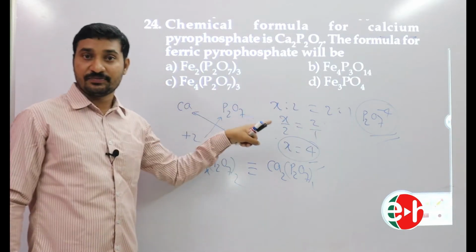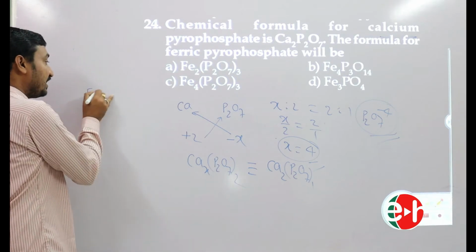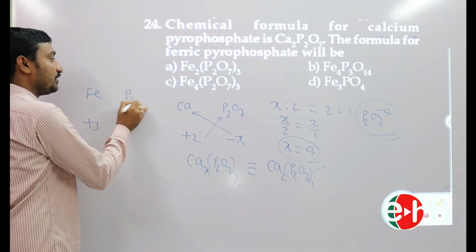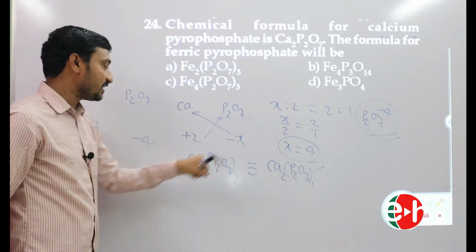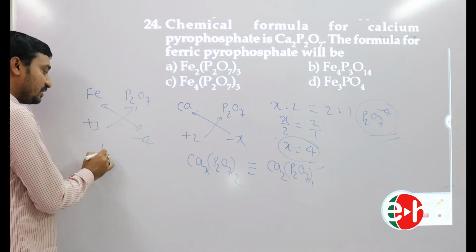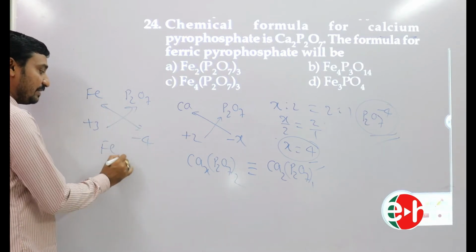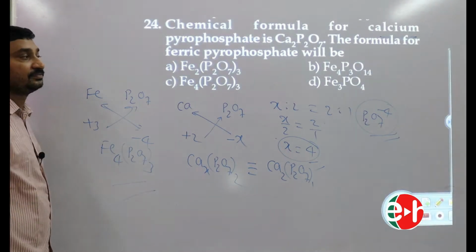can find it like this. Now you can find ferric pyrophosphate. Ferric is Fe +3. Pyrophosphate P2O7 is -4. Crisscross gives 4 and 3. Then what is the answer? Fe 4 times, P2O7 3 times.